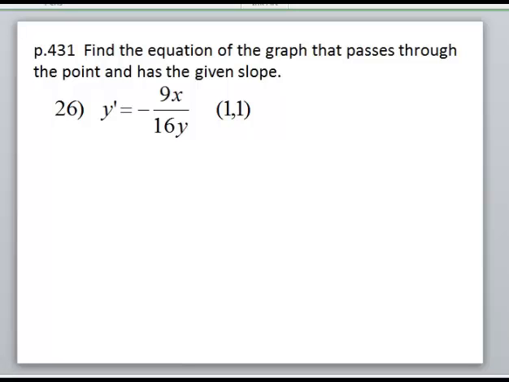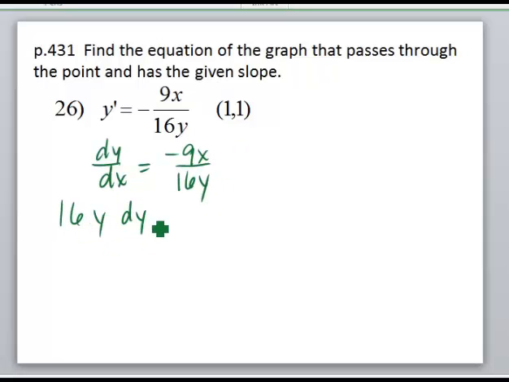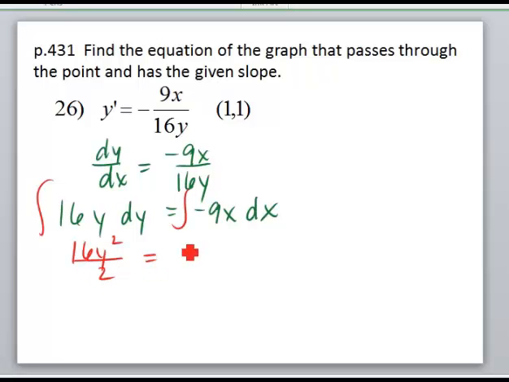I'll see if I can squeeze this one in. So I have dy over dx is equal to negative 9x over 16y. That gives me 16y dy equals negative 9x dx. Integrate both sides. 16y squared over 2 equals negative 9x squared over 2 plus c. Multiply everything times 2.